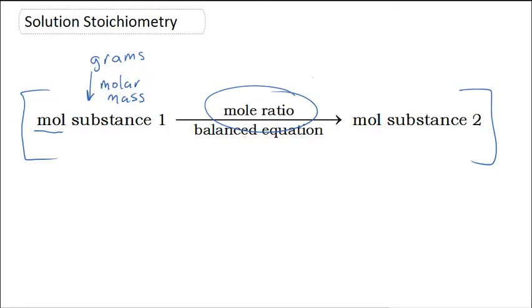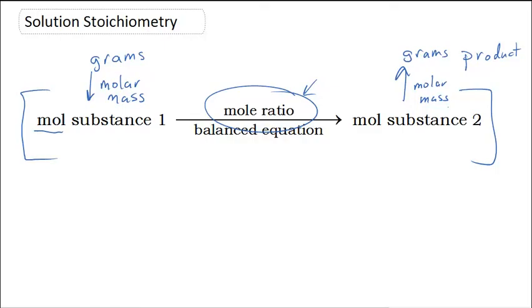And then we would apply the mole ratio to get to moles of something else. Now the problem might ask for grams of that other substance, say grams of product. Well, we could easily go to grams of product. And again, we would need the molar mass of that substance to do that. I have videos posted that have stoichiometry with grams to moles, moles to grams, so you could look at those if you need to refresh that.